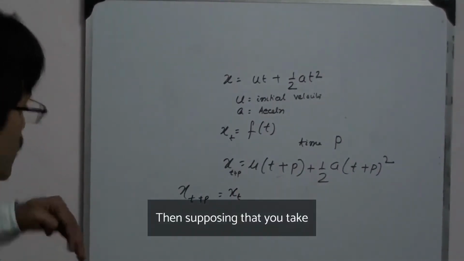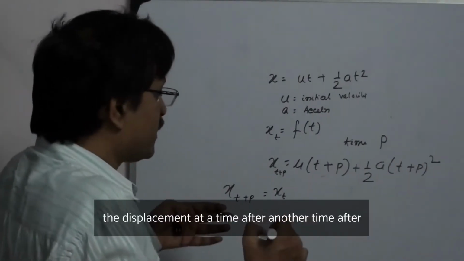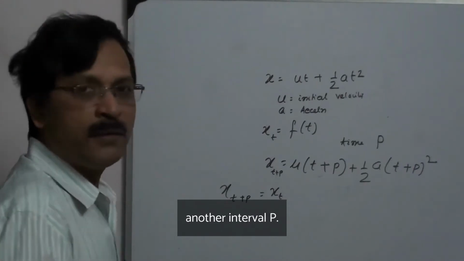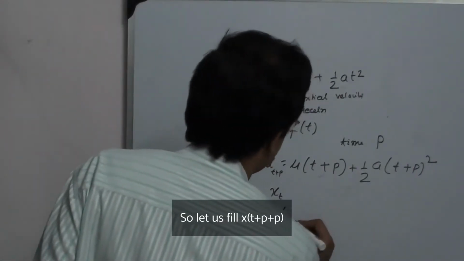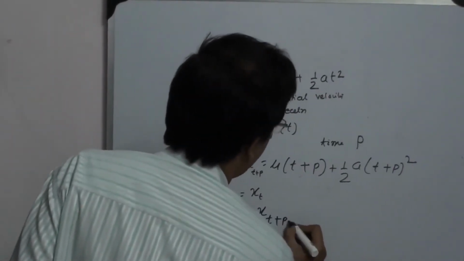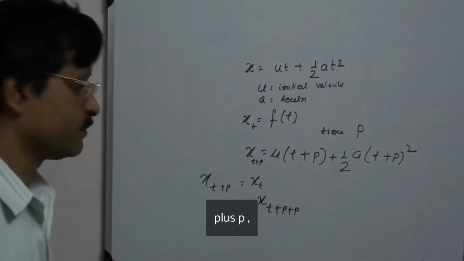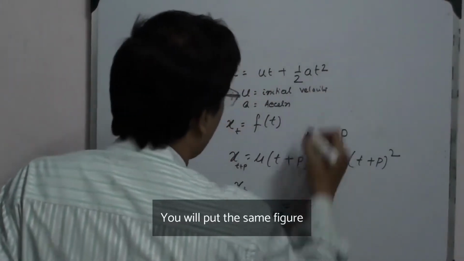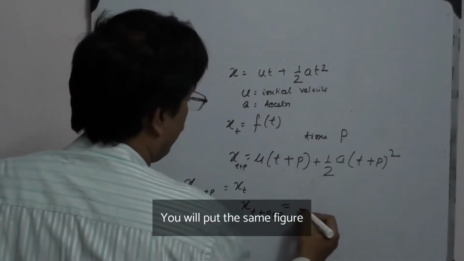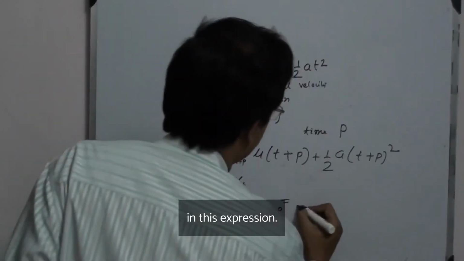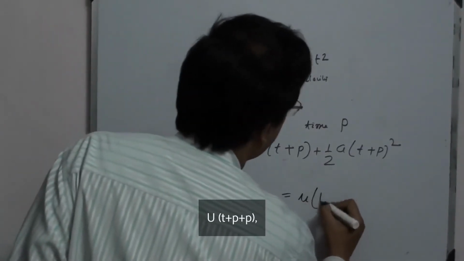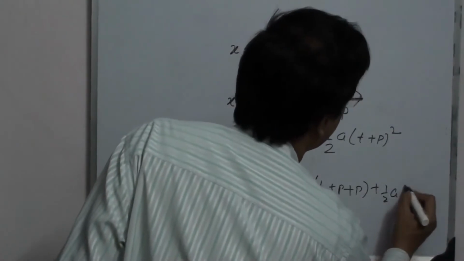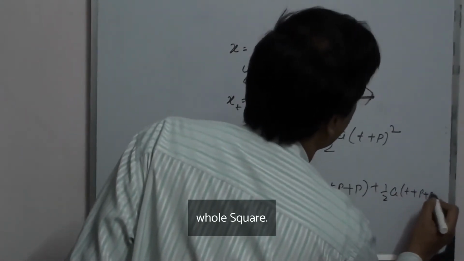Then, supposing that you take the displacement at a time after another interval p. Let us say x at t plus 2p. What will be the displacement? Again, you will put the same figure in this expression: u into t plus 2p plus half a into t plus 2p whole square.